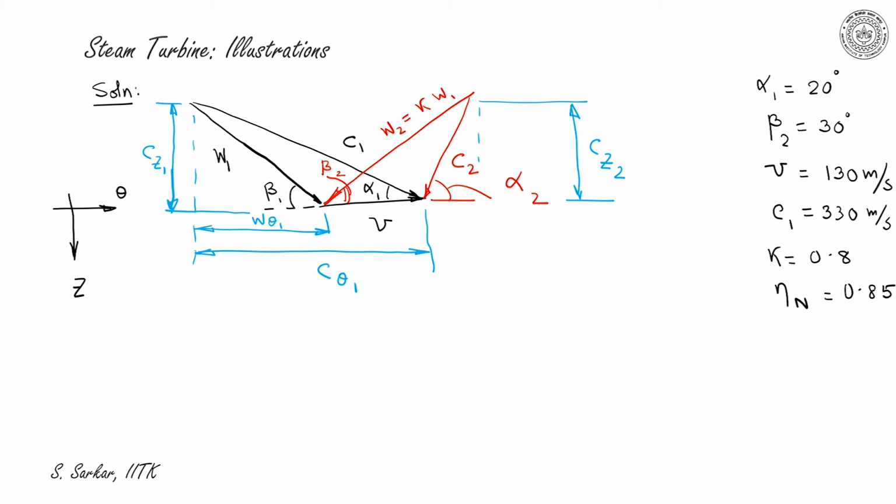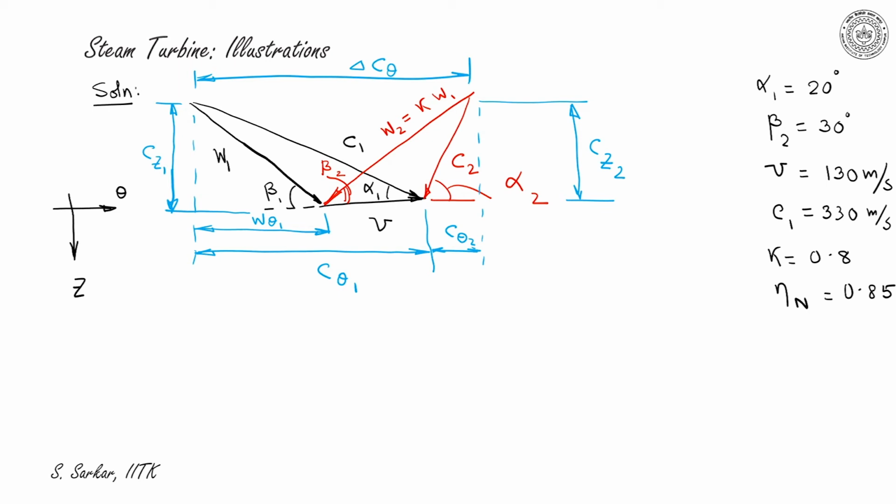If you take the exit velocity triangle, this is C theta 2. And C theta 1 plus C theta 2 is del C theta. Thus, I have completed the velocity triangle.